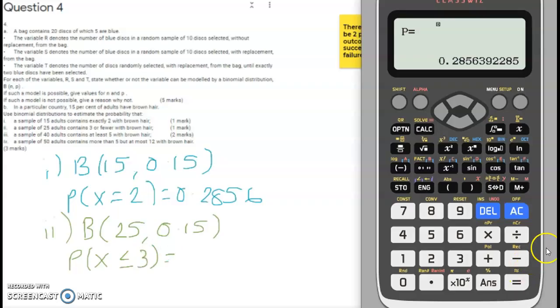This time on my calculator, I need to change it. I need to stay on distributions, but this time I need binomial CD, the cumulative distribution, number 1. And again, if I go into variable, I can say that x is 3 or under, n has changed to 25, and my p is staying at 0.15. 0.47112.